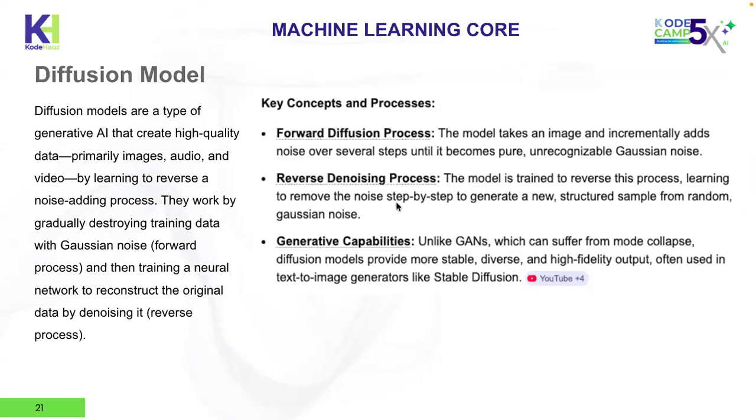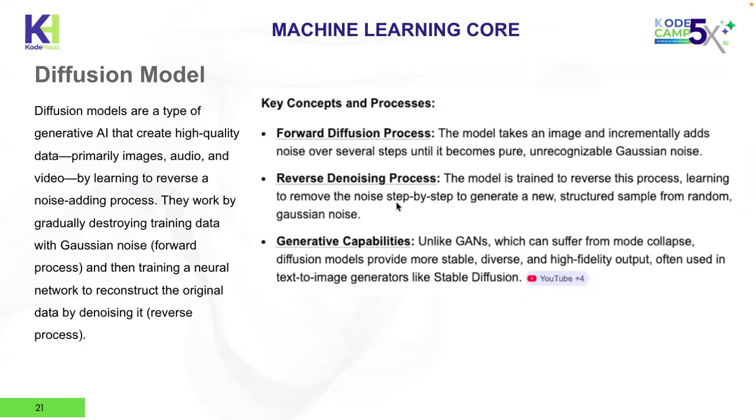So the way you are training it is that at each step, you will give it a less noisy image. Of course, you had the noisy image. You are the one that was adding noise to the image as in the forward step. So as you are reversing the step, you are giving it less and less noisy images, and it continues learning until eventually it learns how to denoise on its own.